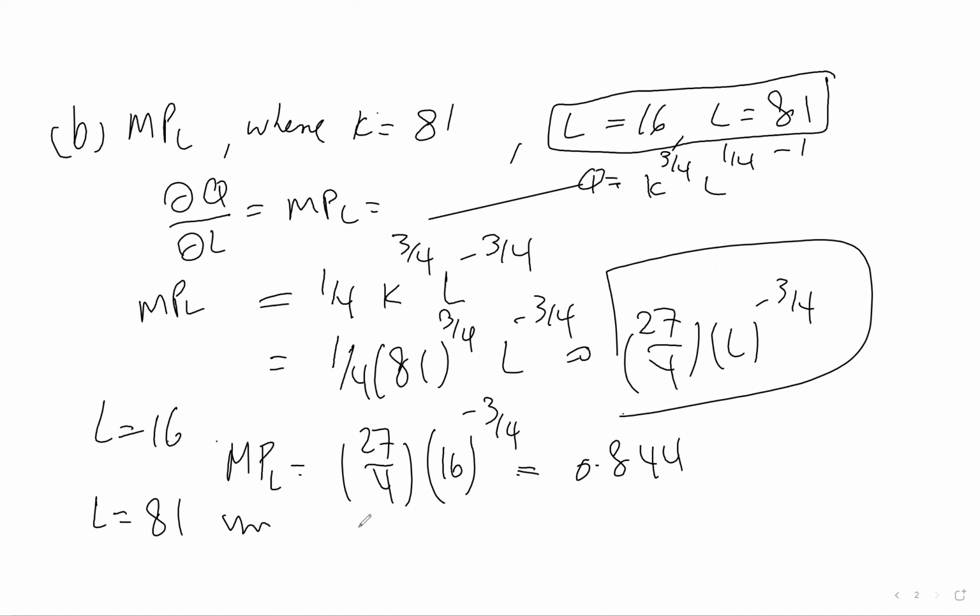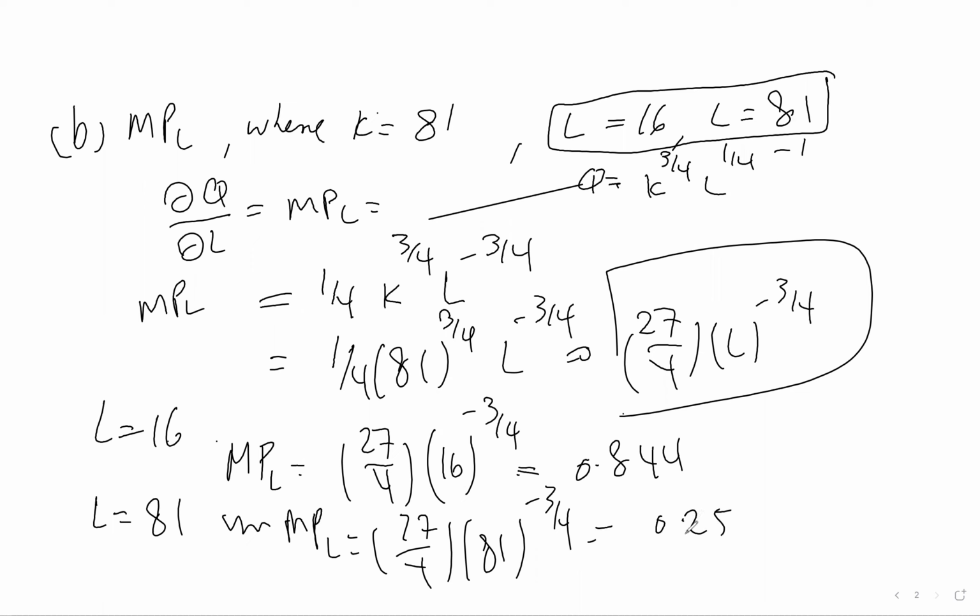So the marginal product of labor is equal to 27 over 4 times 81 to the power of minus 3 over 4. By calculating this, you will get 0.25. You need to justify your answer.